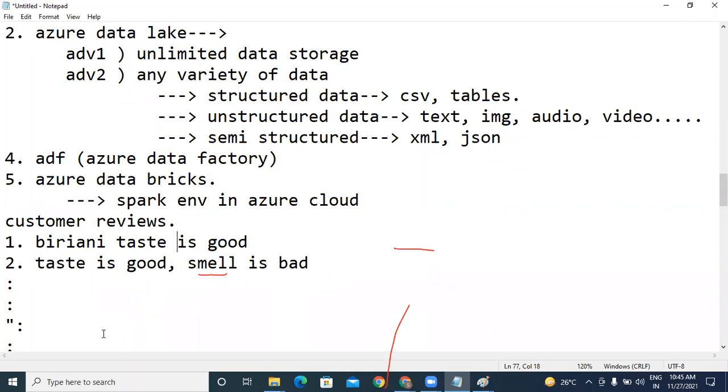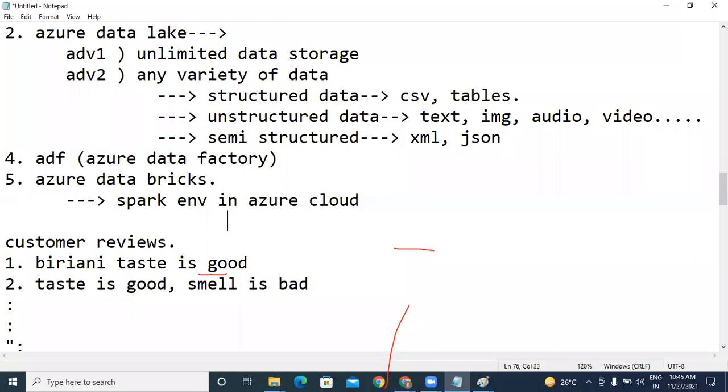So later you will understand how to work with a combination of ADF and Databricks. In Databricks, Spark will be there, but Spark can be coded with many languages like R, Python, Java, Scala. Even you can use your native SQL also. If you don't know any language, you can use native SQL, structured query language. In this way, SQL will be everywhere.